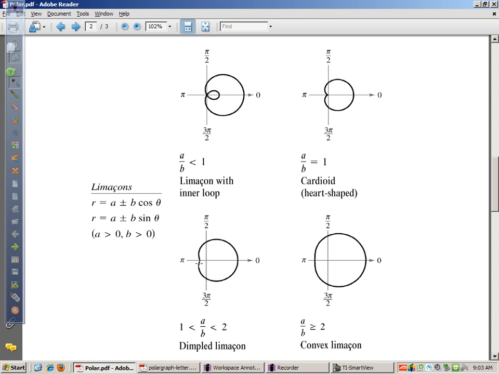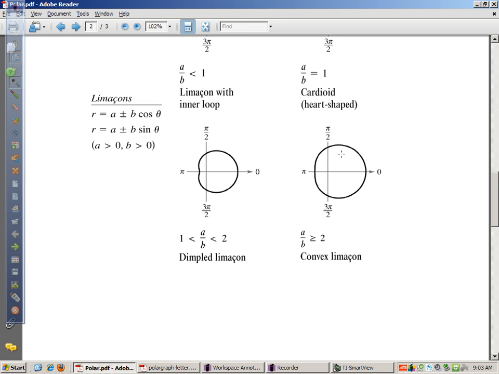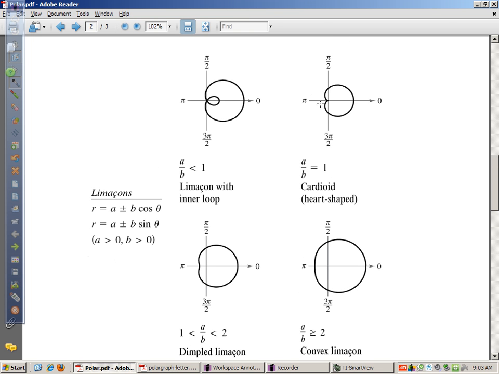Sometimes we just get a little going in, and sometimes it's just kind of flat on that side. But those are all limaçons. And the cardioid is a special name for a limaçon. But these are the circles, the lemniscates, and the limaçons, the standard polar graphs.